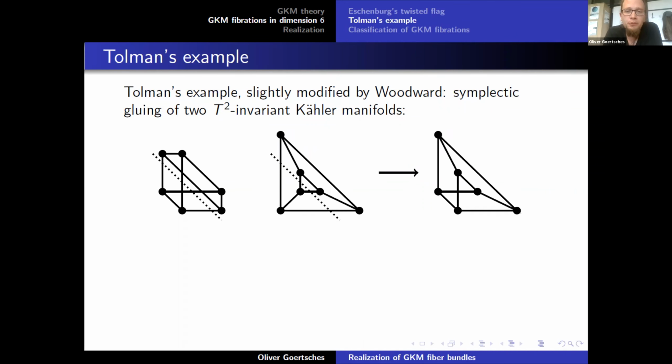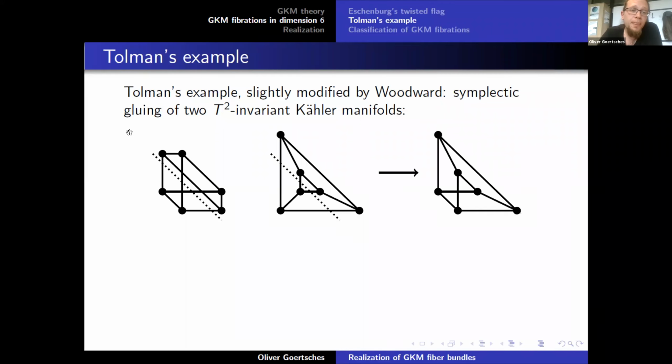Let me very briefly explain her construction of these manifolds. This is a slight modification of her example due to Woodward, but the idea is due to Susan Tolman. She took two T2 invariant Kähler manifolds. Here on the left I drew their momentum images, or X-rays, as she calls them, with the interior edges and vertices.